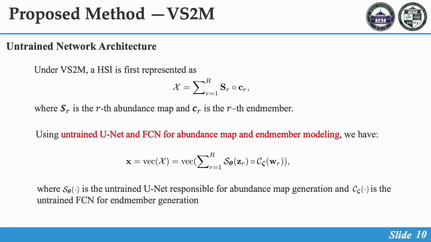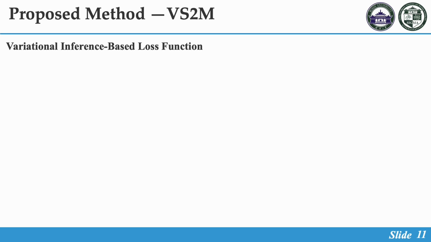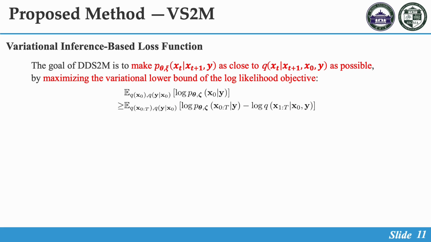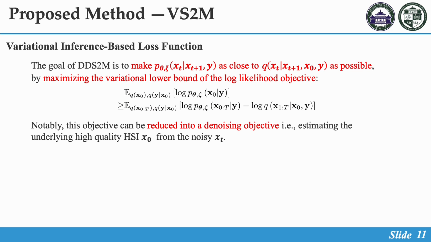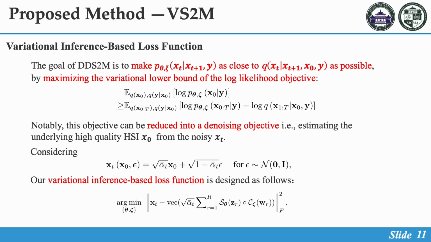In this way, the underlying HSI can be represented by the untrained neural networks, and the variational inference-based loss function can be obtained by maximizing the variational lower bound of the log-likelihood objective. Considering the forward diffusion process, this loss is essentially a diffusion denoising objective.